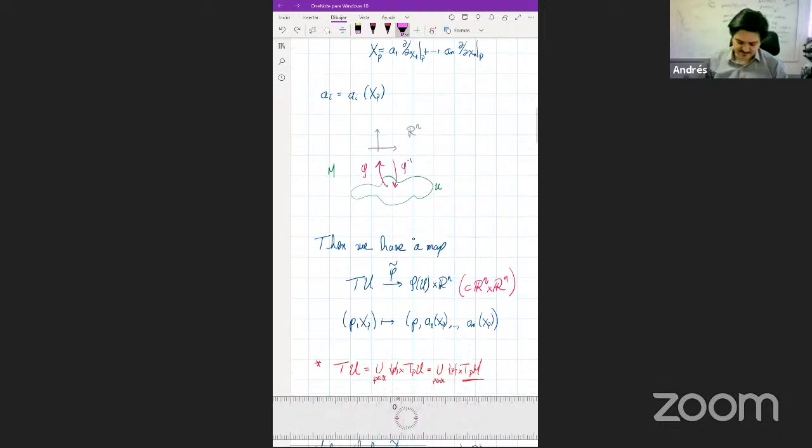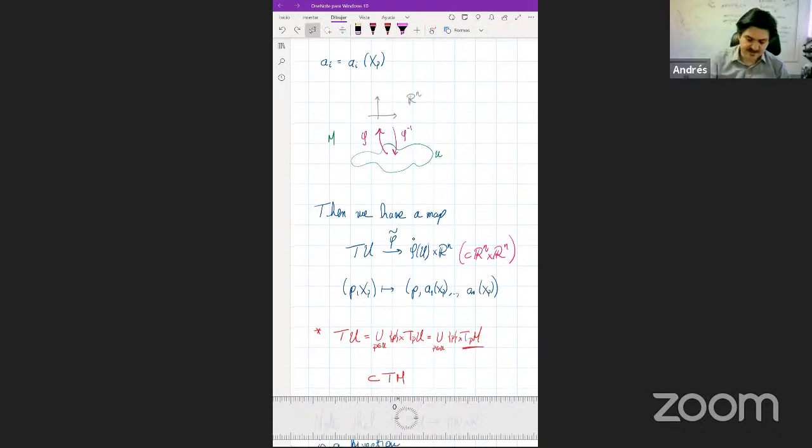So phi tilde is in fact a bijection onto some open set in Euclidean space. This is an open set in R^(2n). Right? This is total space, and this is open by the definition of a chart.